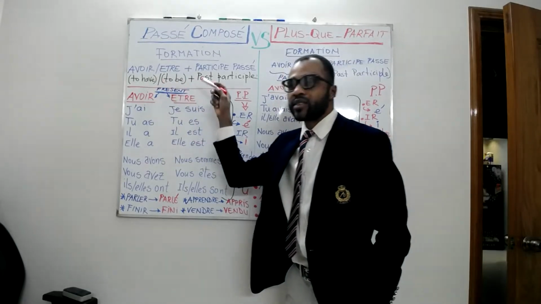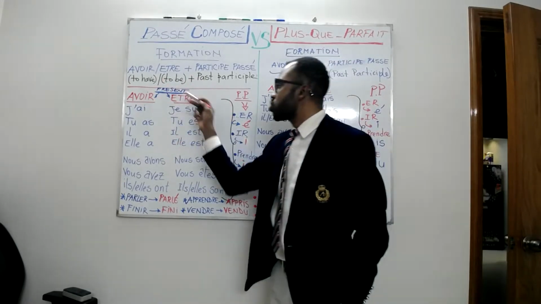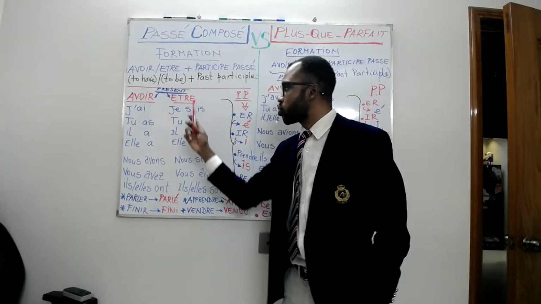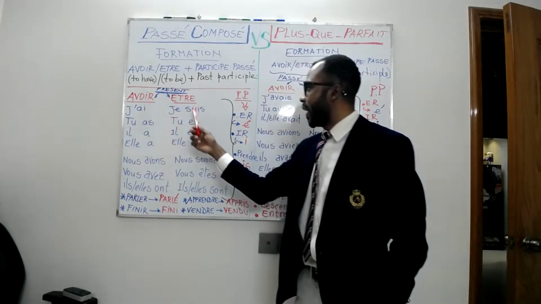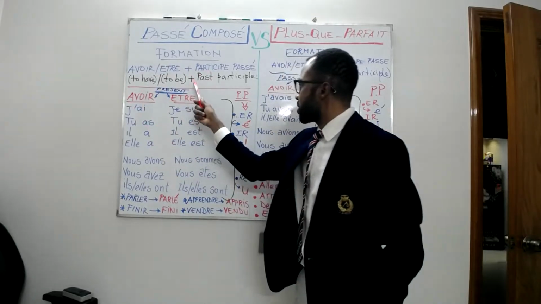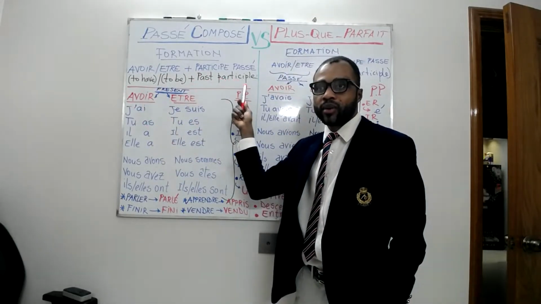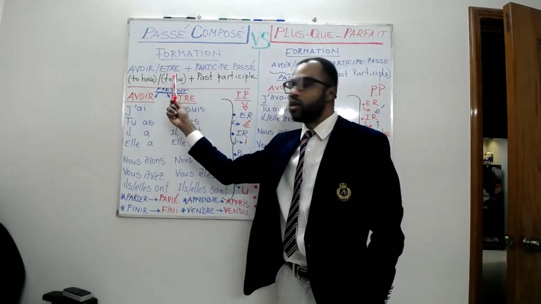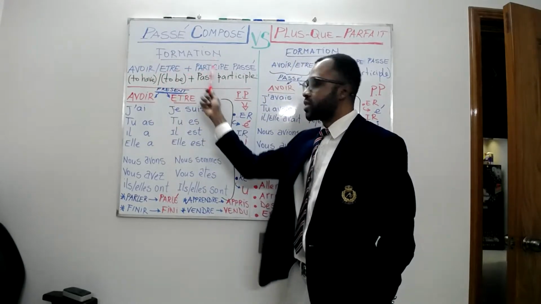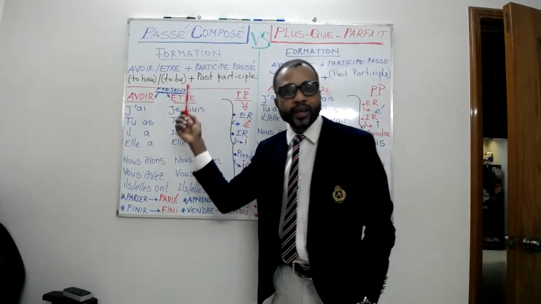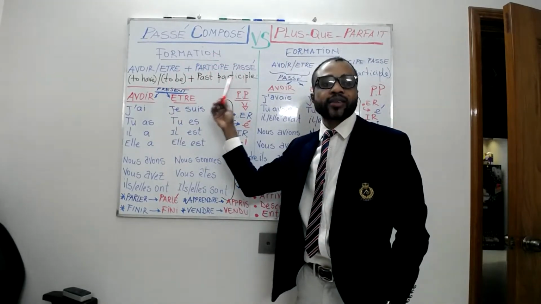So the present tense of these two auxiliaries, avoir et être, plus the past participle. In French, it is avoir ou être plus le participe passé. So the participe passé here is the past participle.